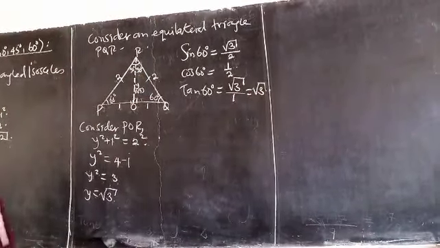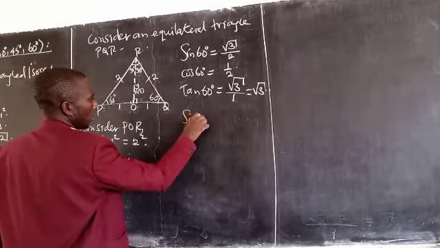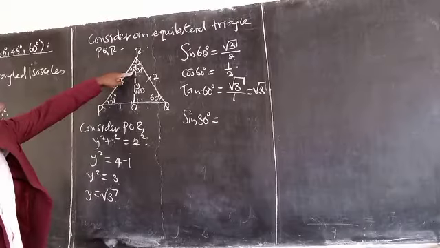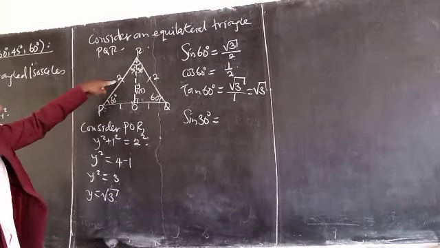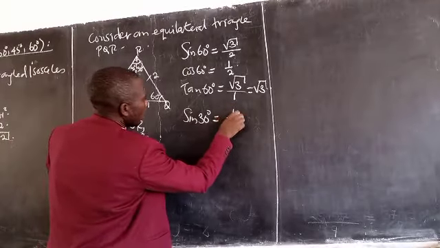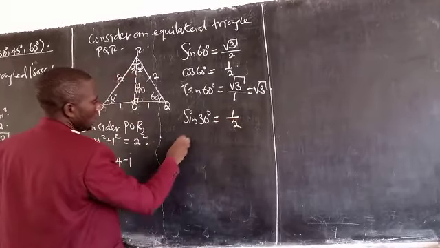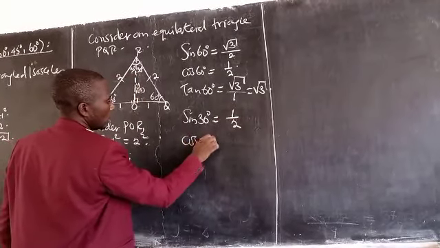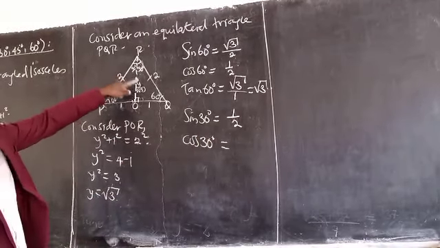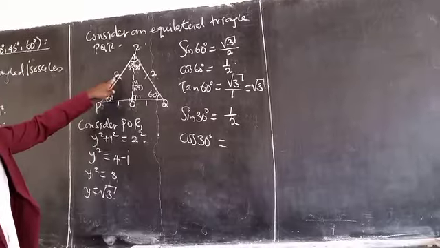Let's go to 30. Sine 30. 30 is here, opposite is here, hypotenuse is there. So sine 30 is 1 over 2. Cos 30. Adjacent is here, hypotenuse is there.